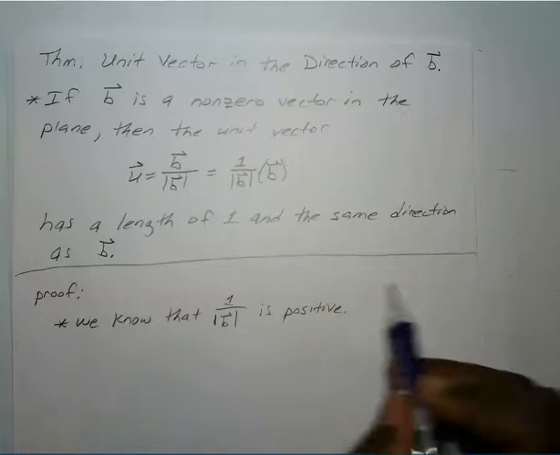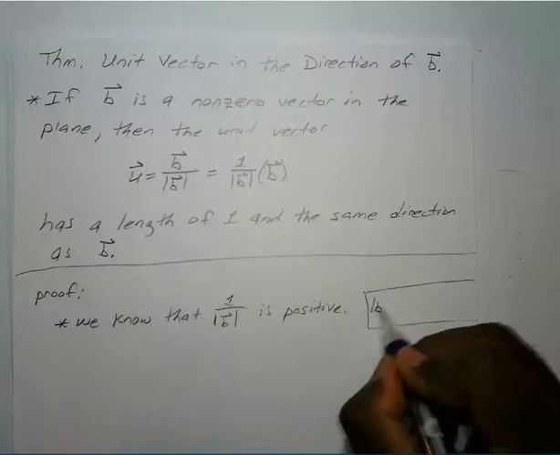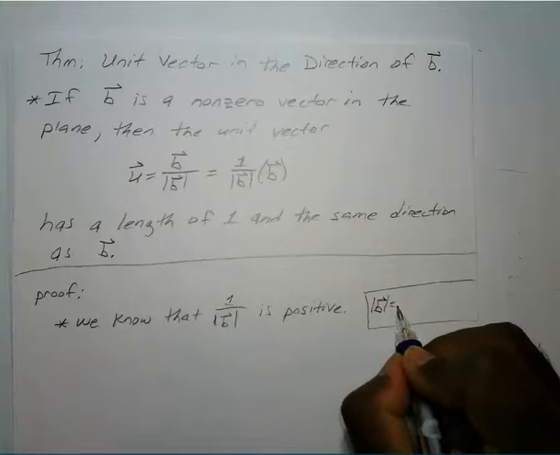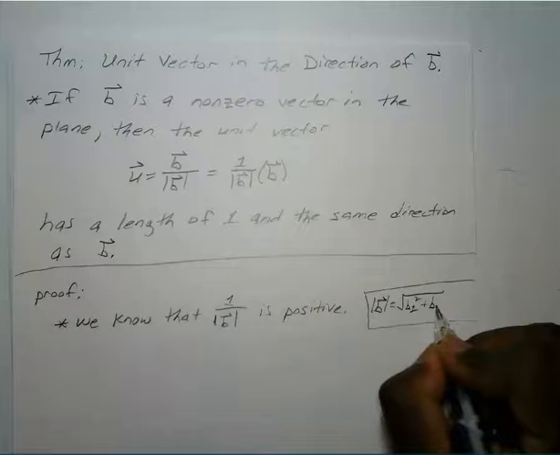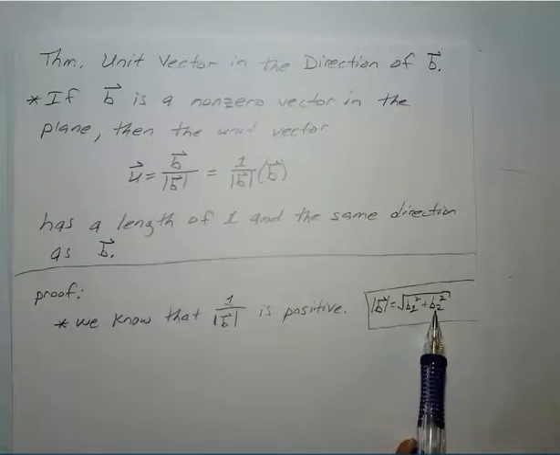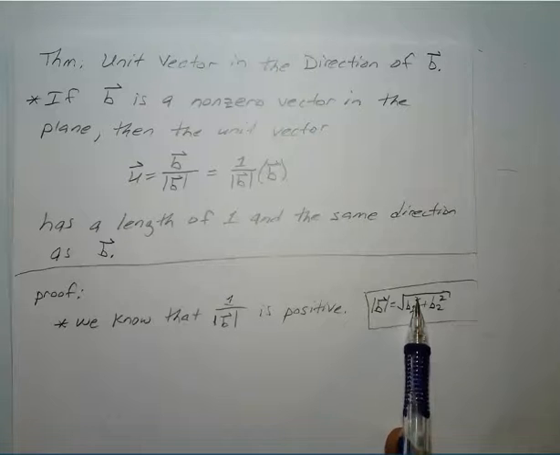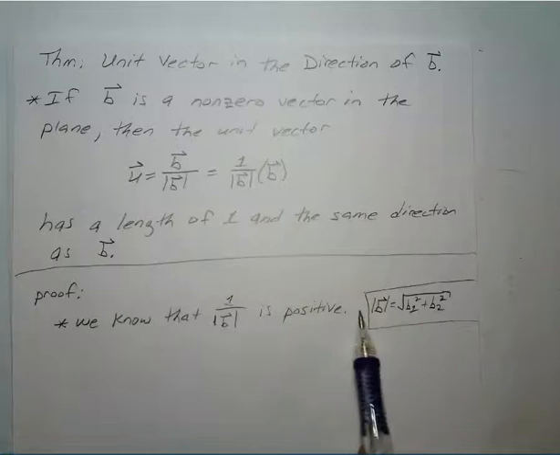How do we know that? Because the magnitude of b vector is equal to the square root of the first component squared plus the second component squared. Even if the first and second components happen to be negative, once you square them, they become positive. So you're adding 2 positive numbers and taking the square root of that positive number, so it's always going to be positive.